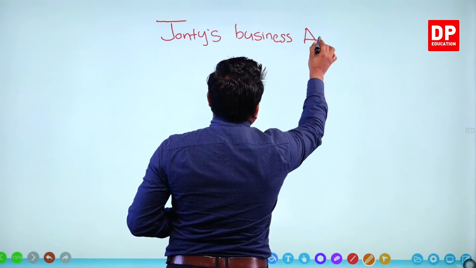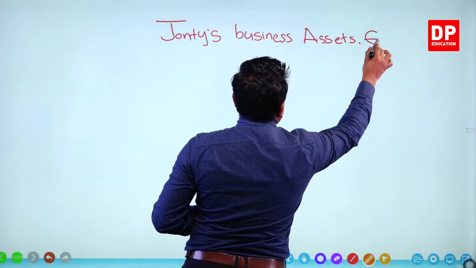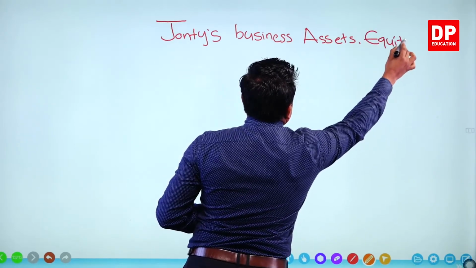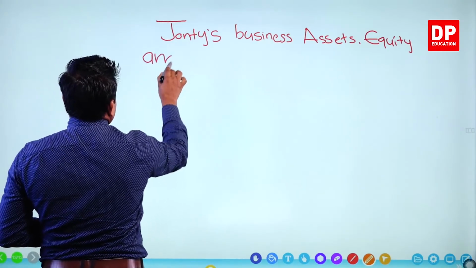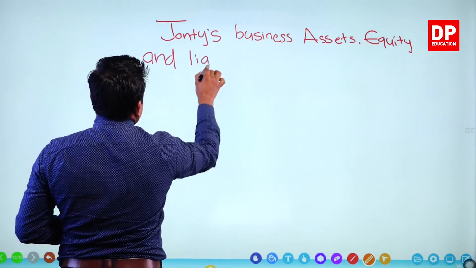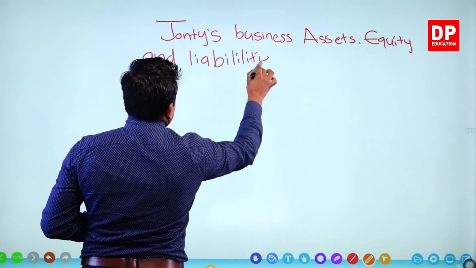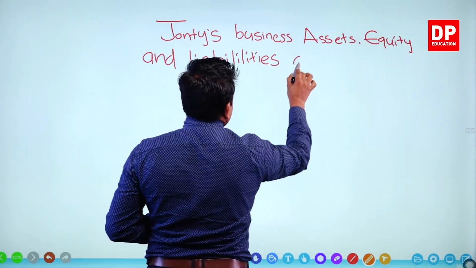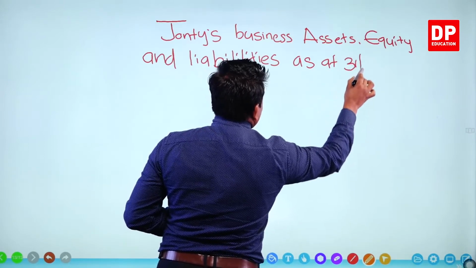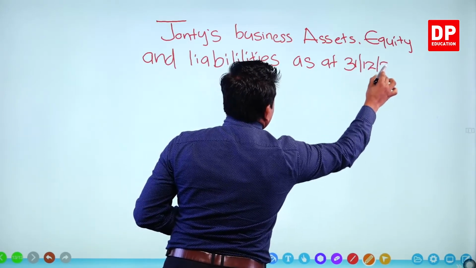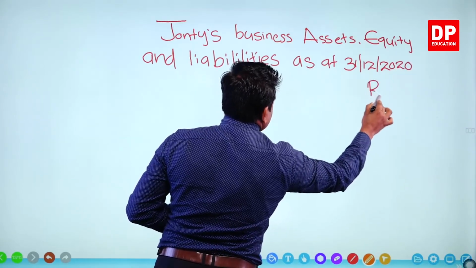Assets. Equity and liabilities. 31st December 2020. Right? These are the details, right?